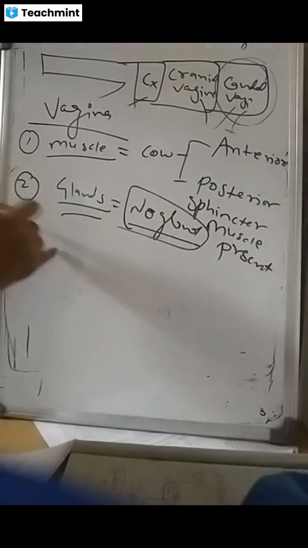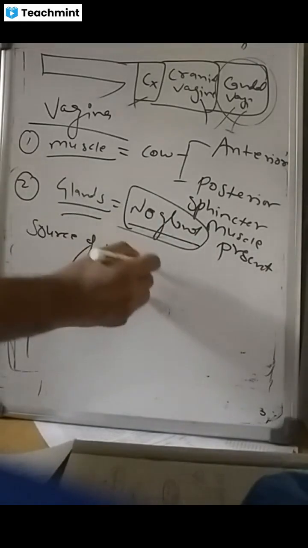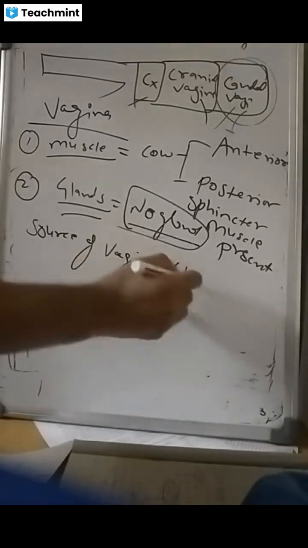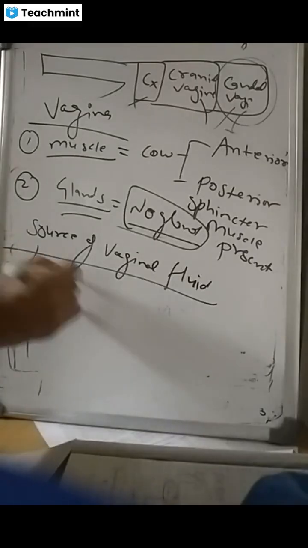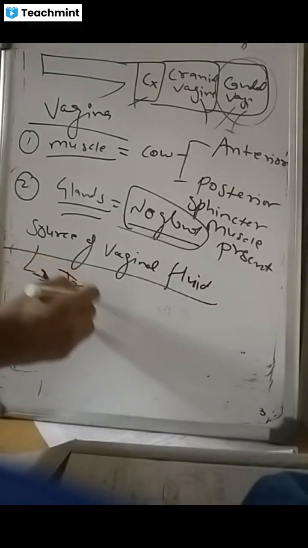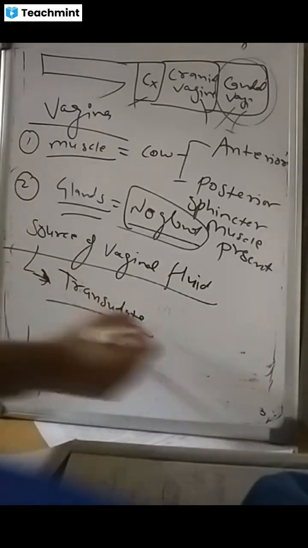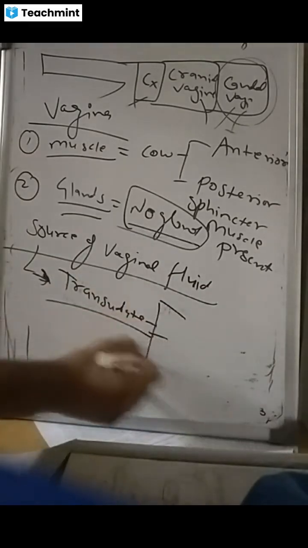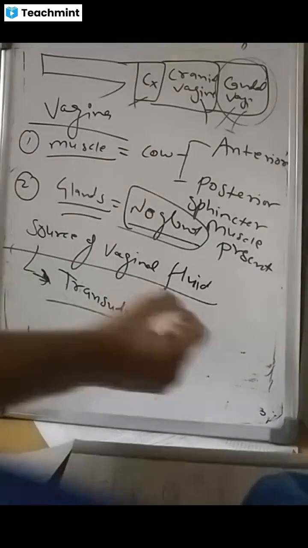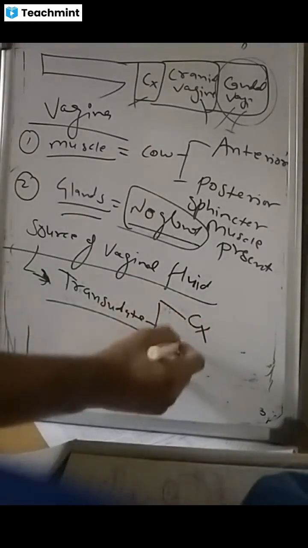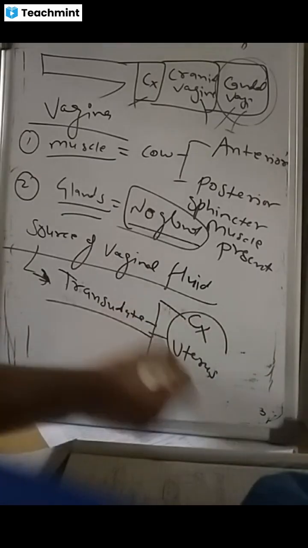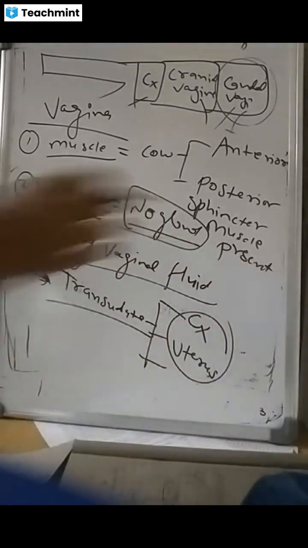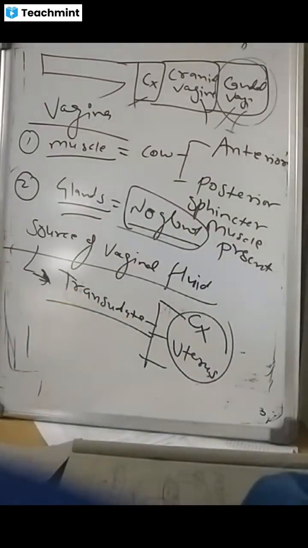Then what is the source of the vaginal fluid? This is the transudate, coming from three sides: from the cervix, and from the uterus. Also because there are no glands.